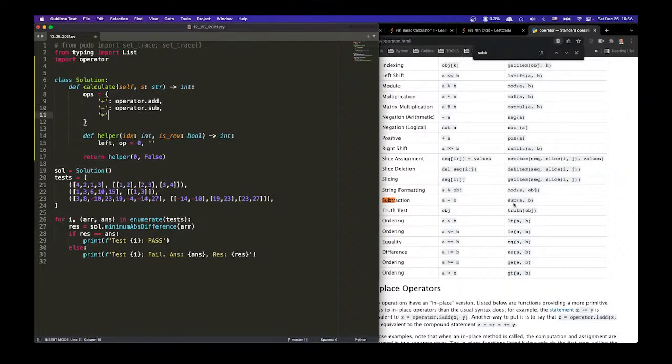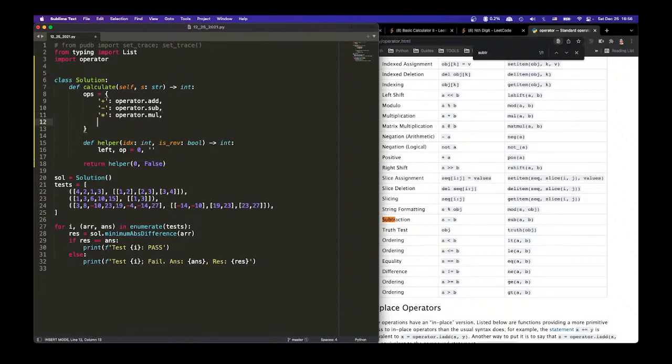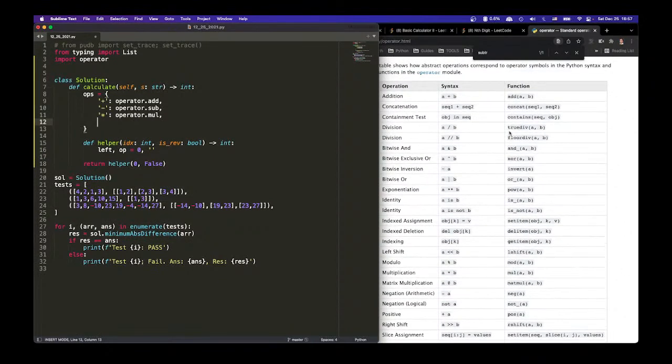This is a multiplication, operator.mul. And here's division. Floor division, that's what we want. Floor div.